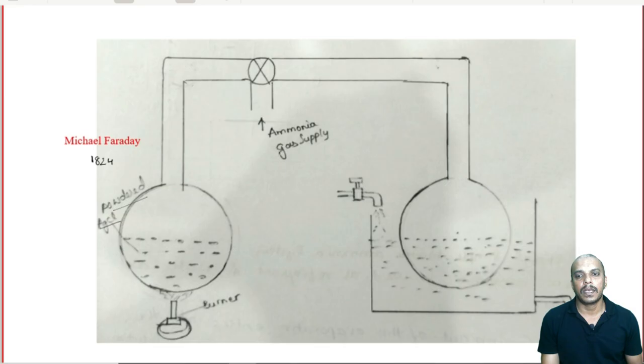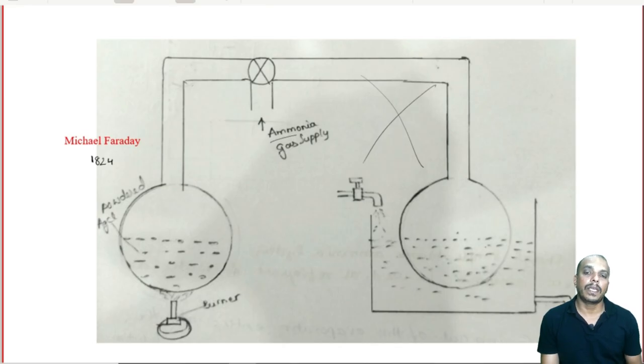For example, silver chloride powder had affinity towards ammonia gas, which means at room temperature and pressure, it was absorbing ammonia gas. Forget about this burner for now and forget about the right side portion for now. Imagine that if you supply ammonia gas from here, this AgCl powder has the capacity to absorb it. That is our first step: ammonia gas is absorbed.